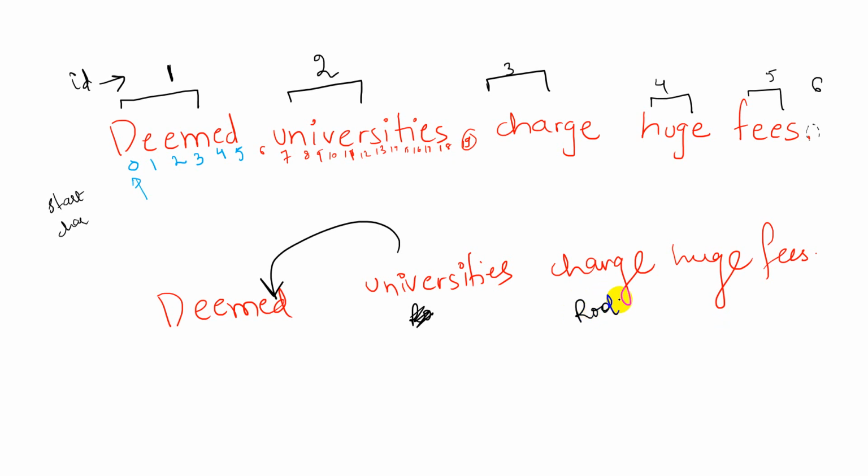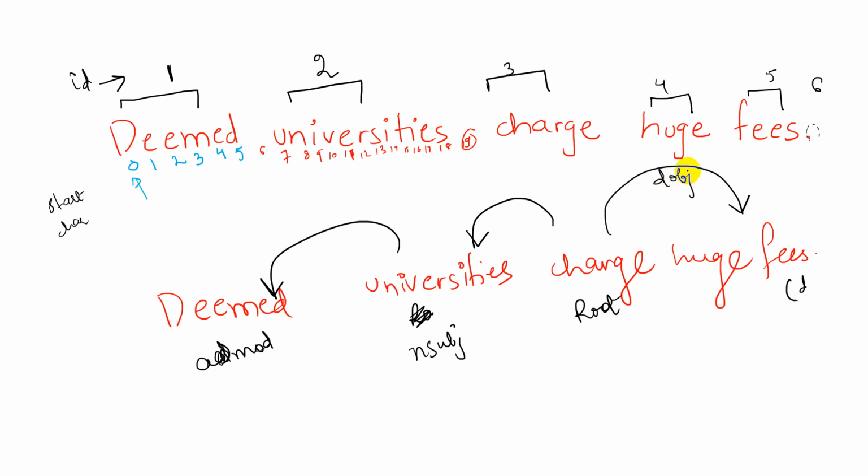Root was this, right? This was the nominal subject, and this was the adjective modifier, amod, right? And this fees was the direct object. This was amod. It was like this, right? Is it clear? Was it like this or any different?